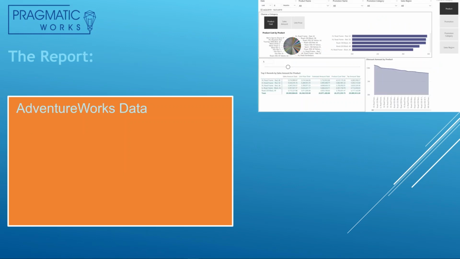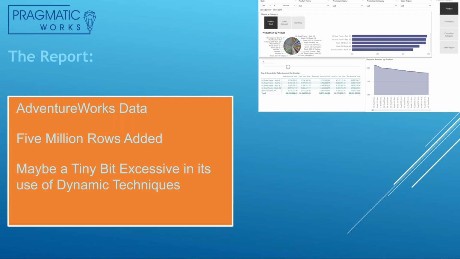The report we're using today is using AdventureWorks data, but I have updated it by generating new data that's got recent dates on it. I've added 5 million rows so that you can see that it actually will function with your own data when you try and do this. And I may have gone a little bit overboard on how many dynamic techniques will be on one page. Normally you'll do one, maybe two. I've done the whole page of them.